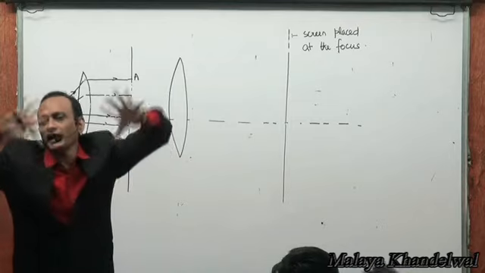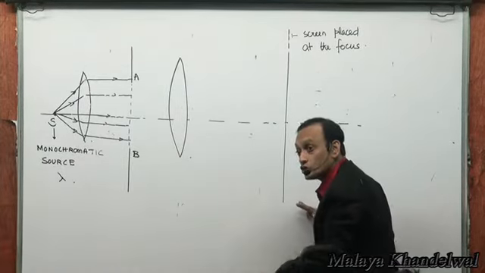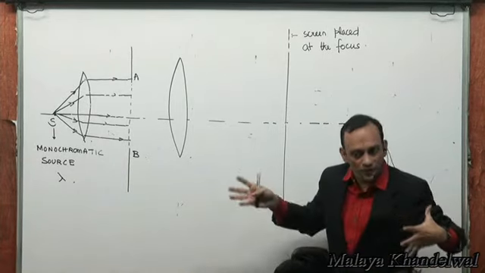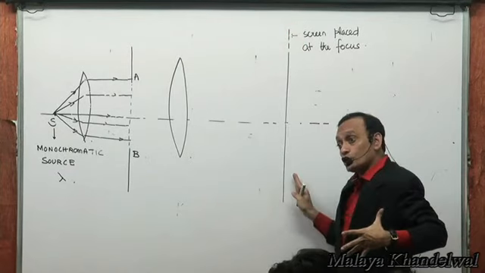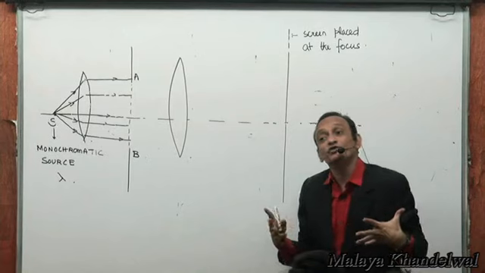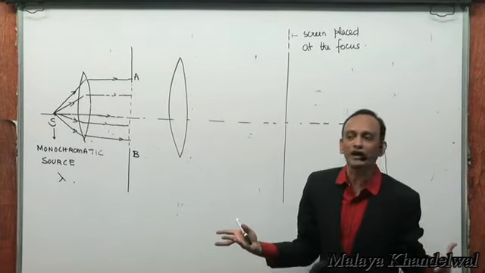And this flared out beam interferes or superimposes on the screen to produce a pattern. This pattern would be referred to as the diffraction pattern.